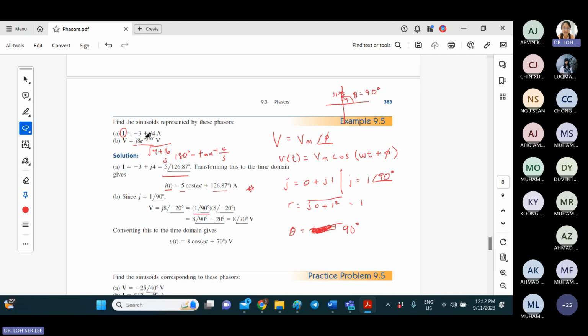And this 8e negative j20 is an exponential form, right? So R is 8, theta is negative 20. We just extract the information of R and theta, then we get the polar form. Since this is multiplication, 1 times 8, we get 8. 90 plus negative 20, we get 70.